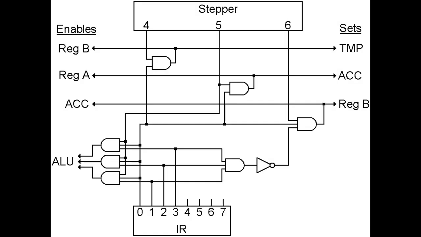If you recall the previous video, we saw that steps 1, 2, and 3 of every stepper cycle are always used to load the instruction from memory into the IR and increment the IAR by 1. So we can see here that the ALU instruction is going to use each of the 3 remaining steps, namely steps 4, 5, and 6. In this schematic, you will see references to reg A and reg B, and these correspond to a circuit that is described on page 119 in the book, and it is the register selection circuit.